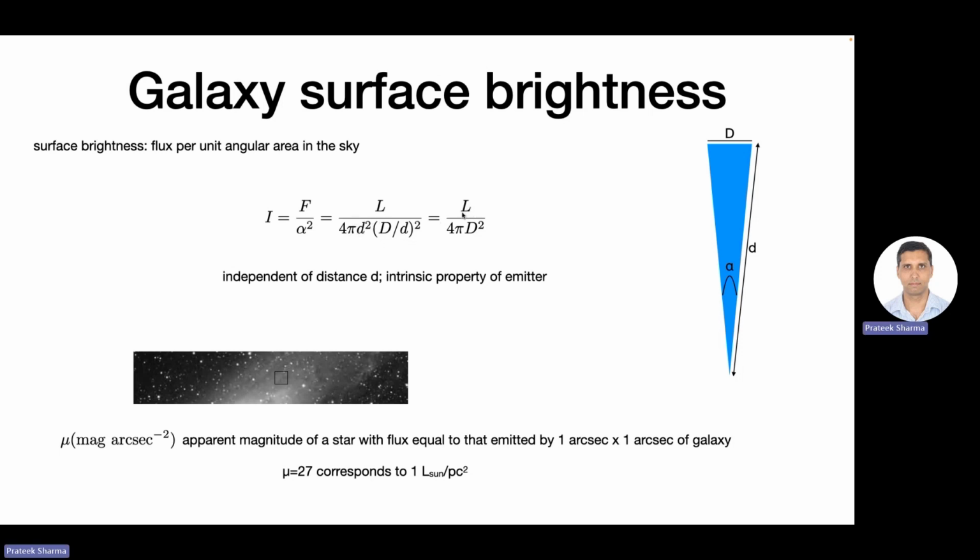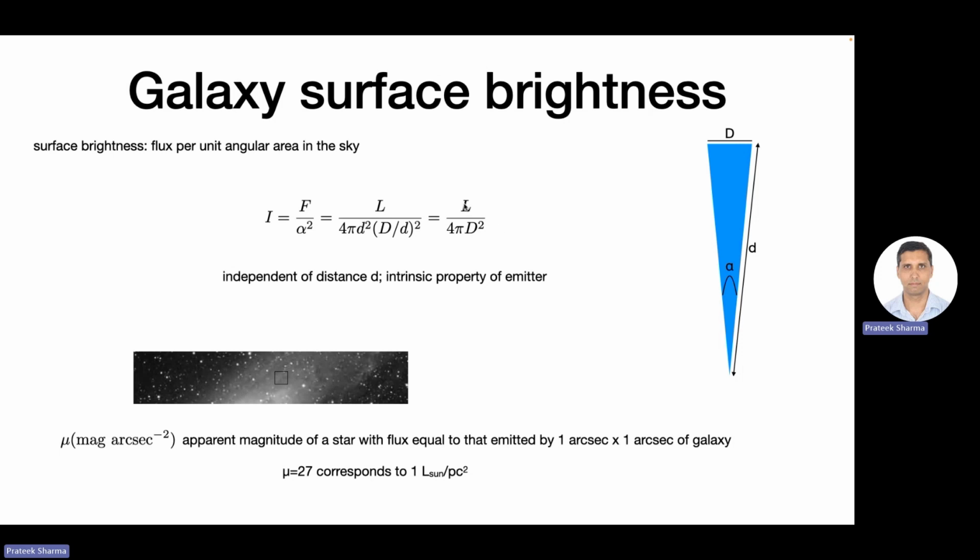And you get that surface brightness is nothing but luminosity divided by 4 pi D squared, where D is the length dimension of this galaxy.